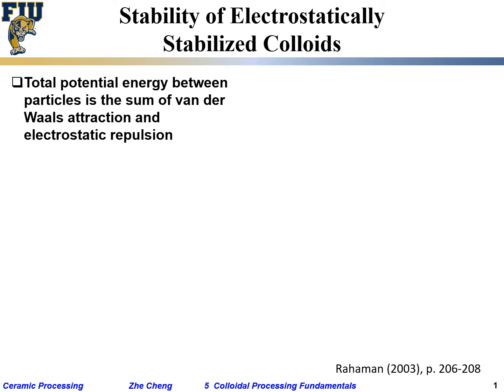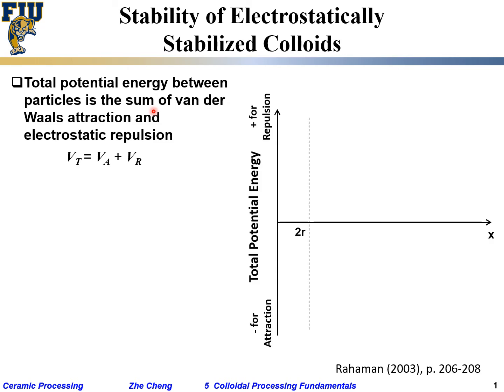So depending on what material we are dealing with, depending on the solution and the concentration, we would have different stability of electrostatically stabilized colloid. Okay, the total potential energy is the sum of van der Waals attraction and the electrostatic repulsive energy.